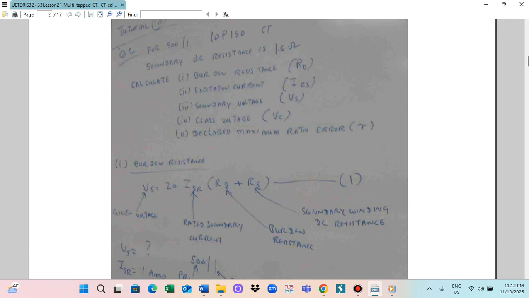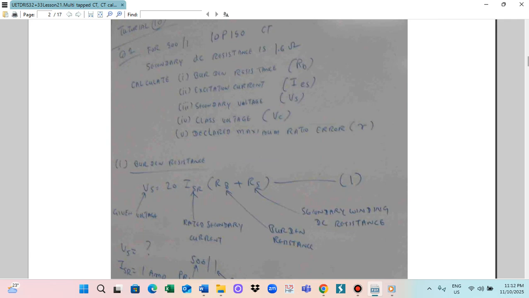Another one is the composite error. The equation to calculate the composite error: composite error means how wrong the CT can be.